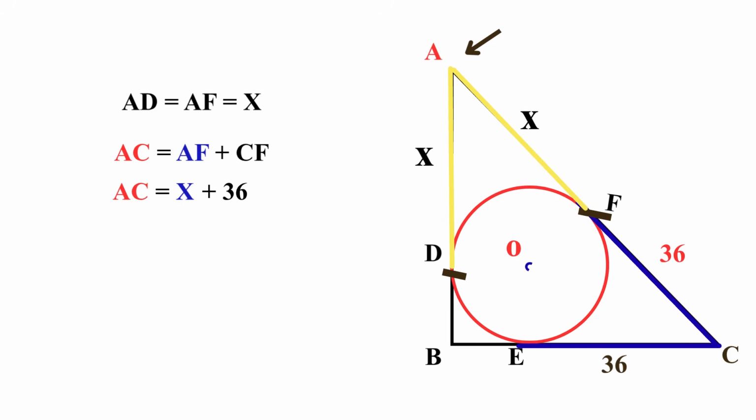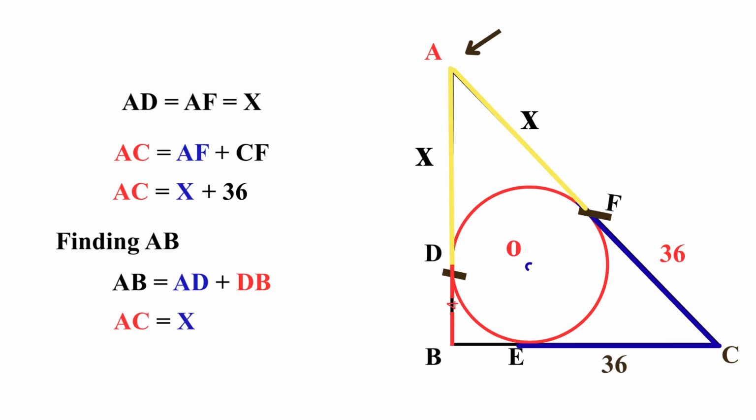Next, we are going to find the length of perpendicular AB. Look, side AB is also made of two parts, which is AD and DB, where AD equals x units, the tangent from A, and DB equals 4 units.